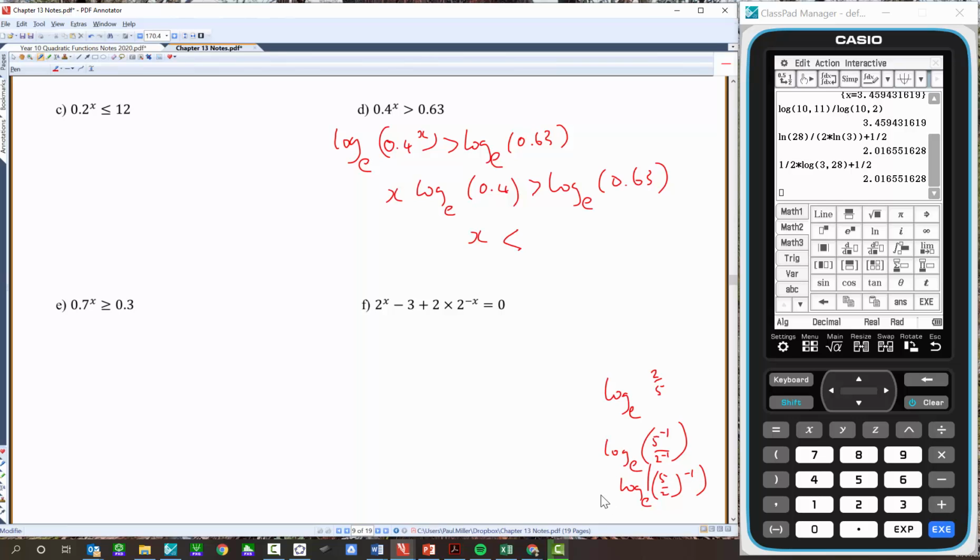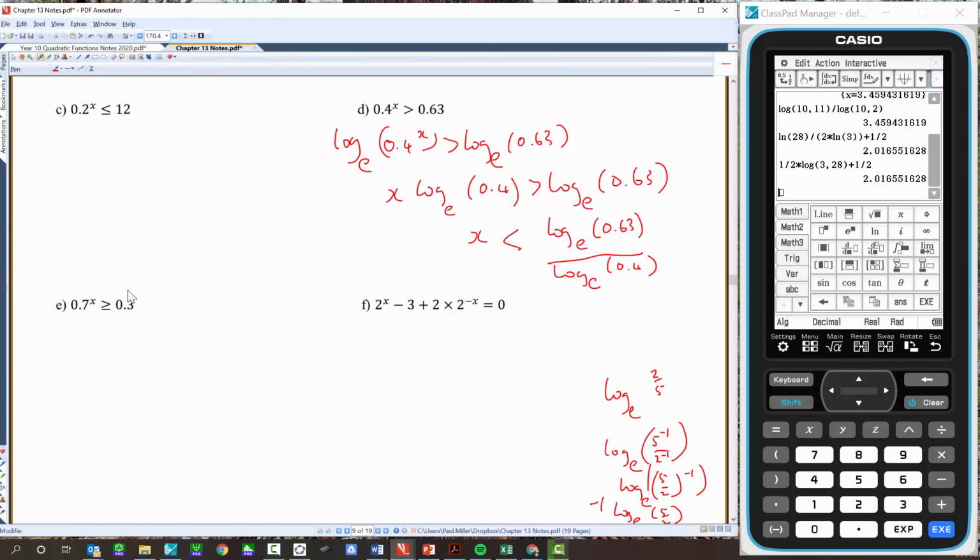Now I'm going to grab that negative 1 and throw it at the front: negative 1 times log base e of 5 on 2. So it's actually a negative number. So when I divide by a negative, I have to flip the inequality: x less than log base e of 0.63 over log base e of 0.4.